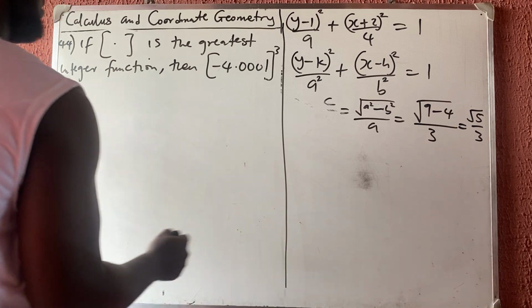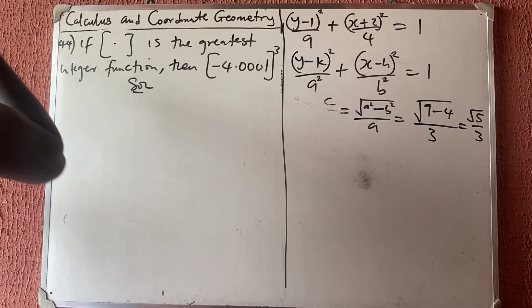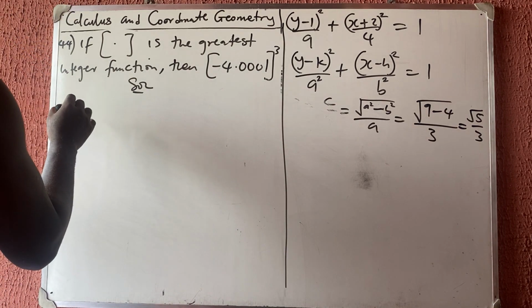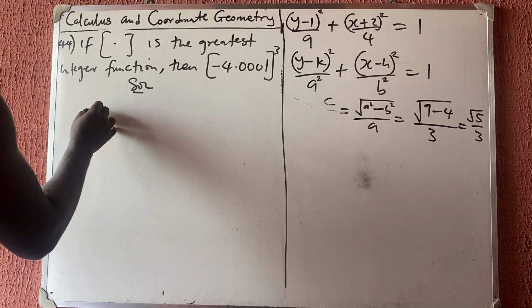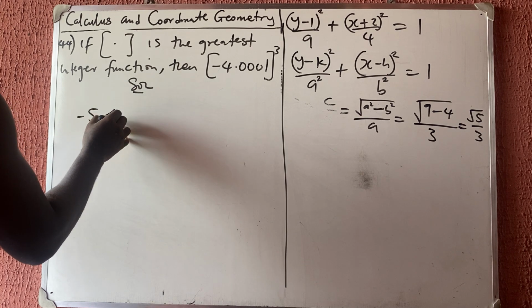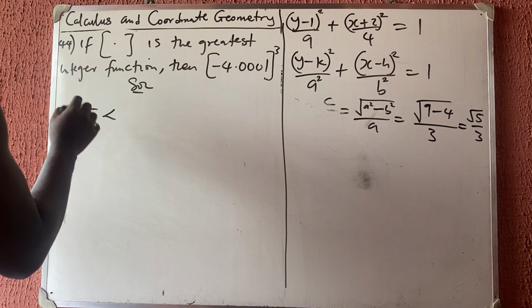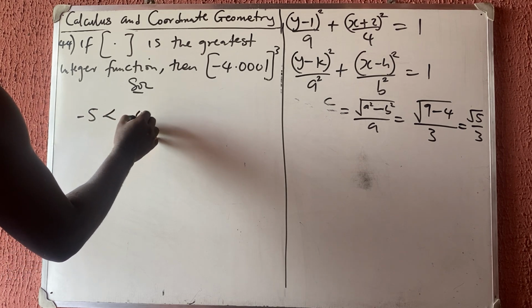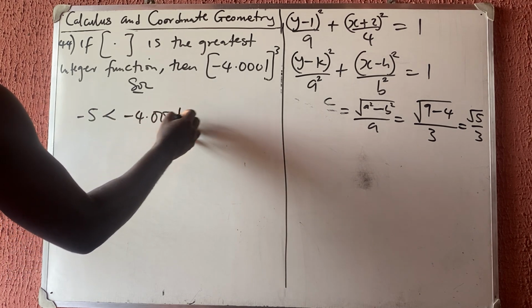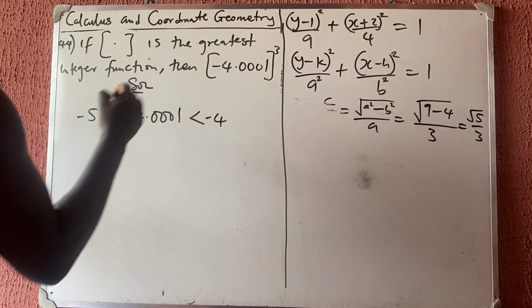Okay, so to find the solution, first of all, minus 5 is less than minus 4.0001, which is less than minus 4.